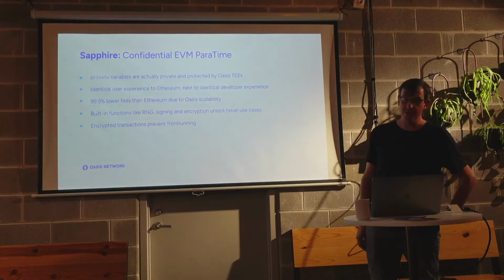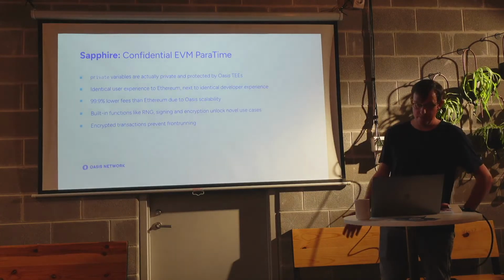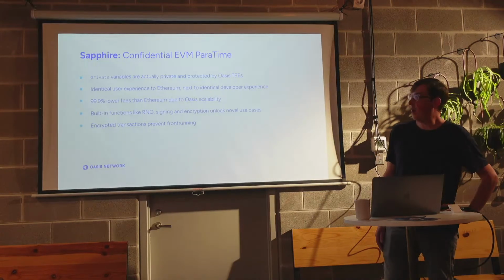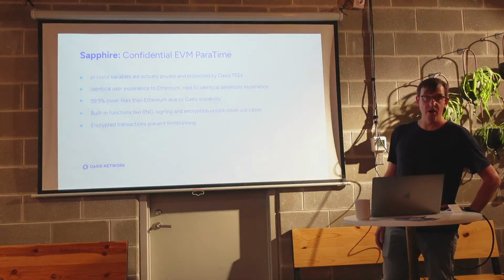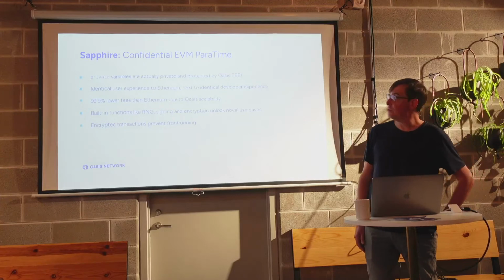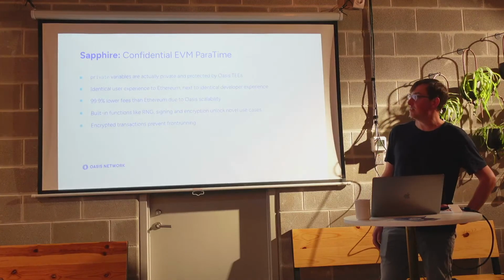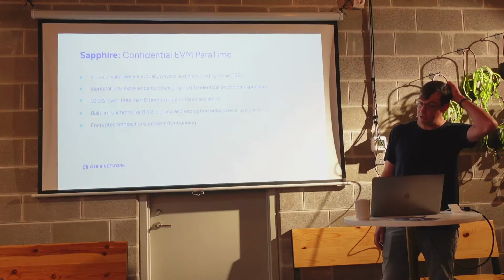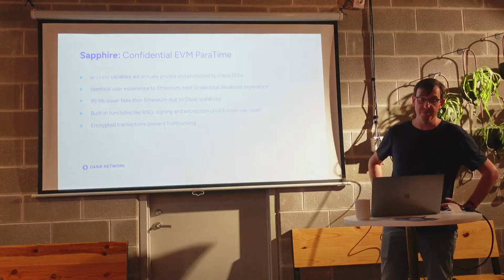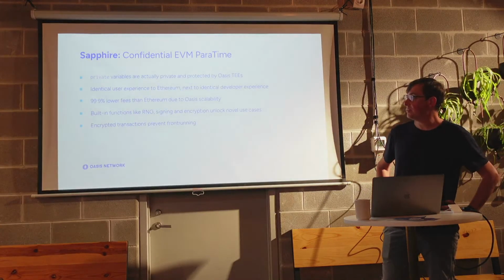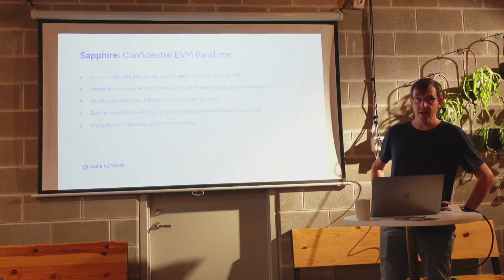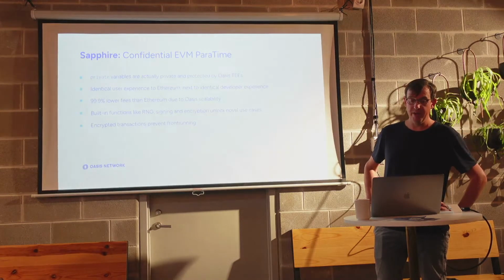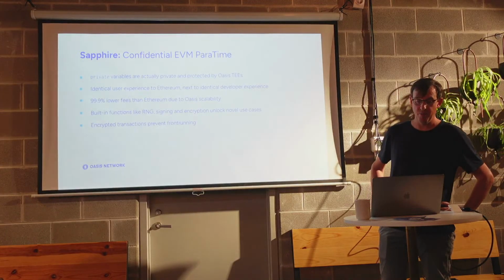You'll get a taste of how this works from Mateusz's demo. Gas fees are very low. Sapphire also adds some other features that are useful for applications that utilize privacy. This includes a built-in native random number generator, and built-in support for signing and encryption. These are basically capabilities that we found useful for applications that people were building that need privacy.